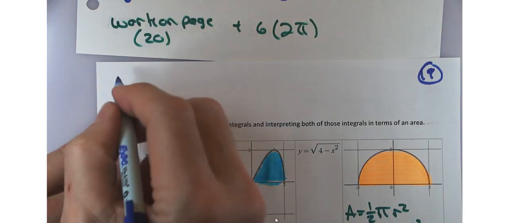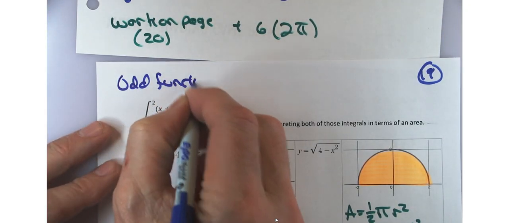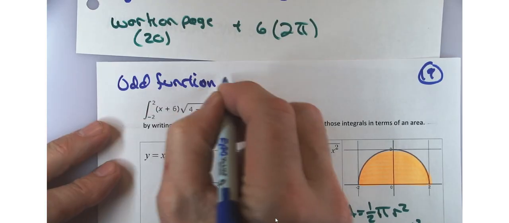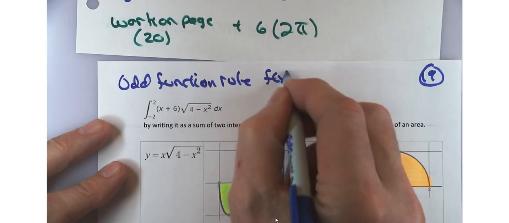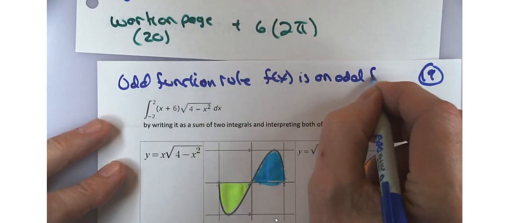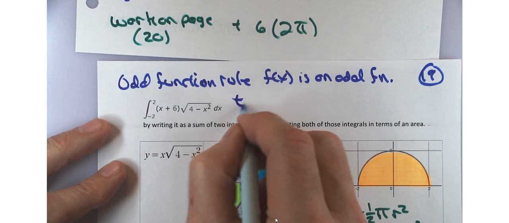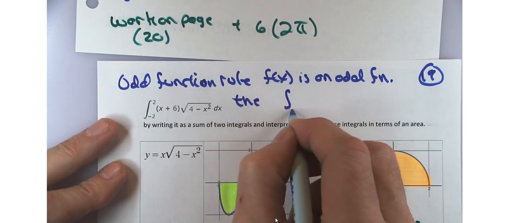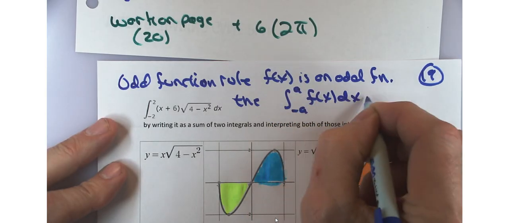This is the odd function rule. If f of x is an odd function, then the integral from negative a to a of f of x dx is 0.